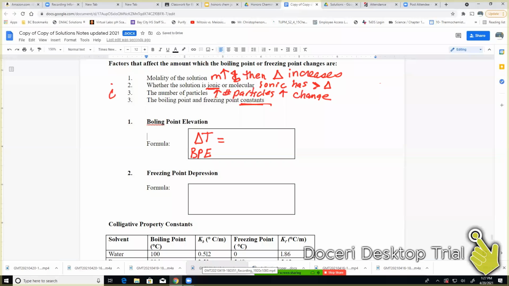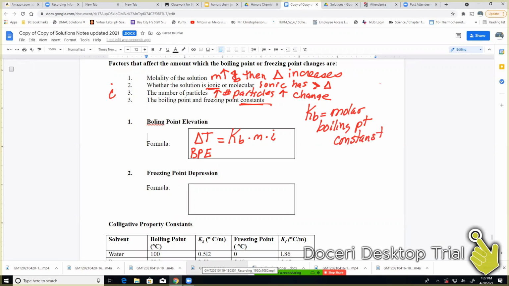So my change in temperature is going to be KB times little m times I. KB is that molar boiling point constant.